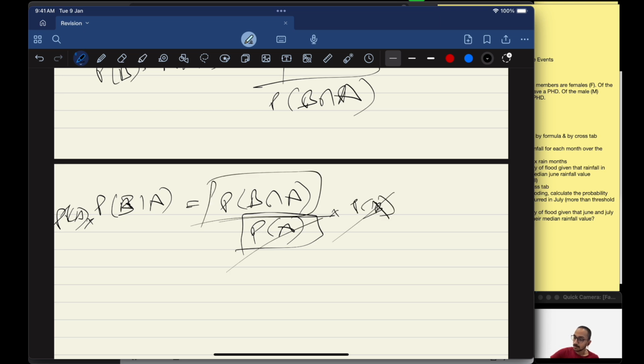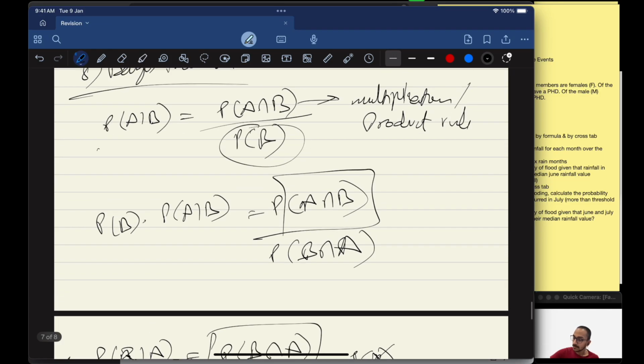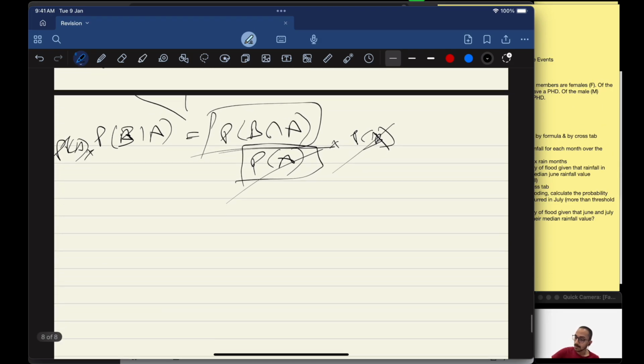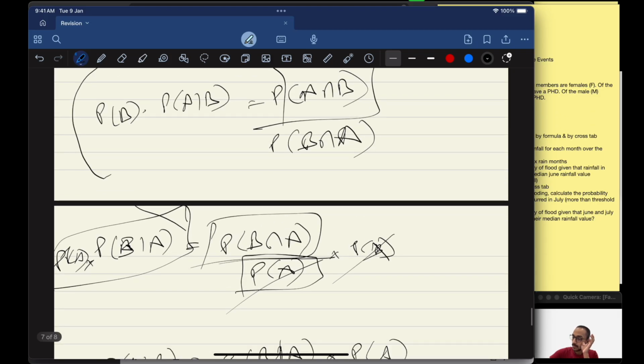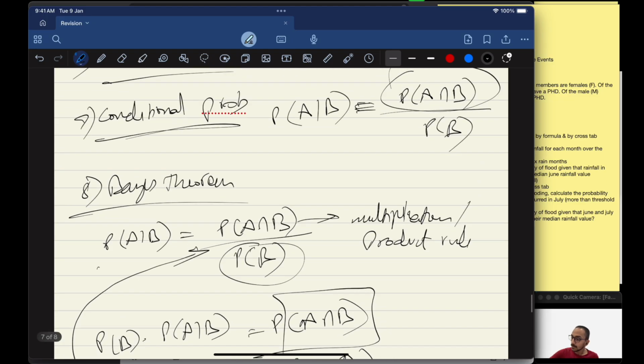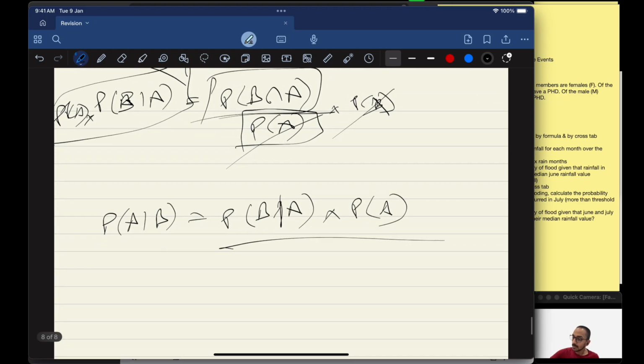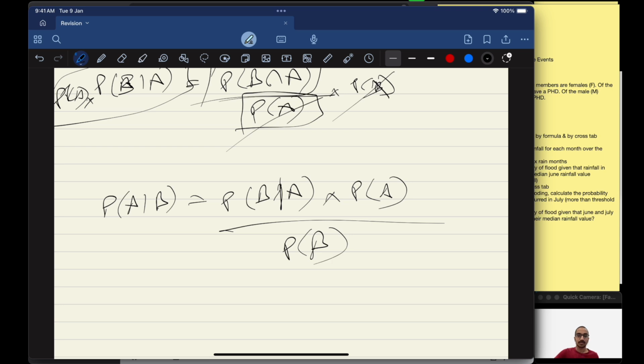So this we plug into the above equation, which will give us P of A given B equals P of B given A times P of A by P of B. That's our Bayes' theorem. So that is a brief refresher of the formulas.